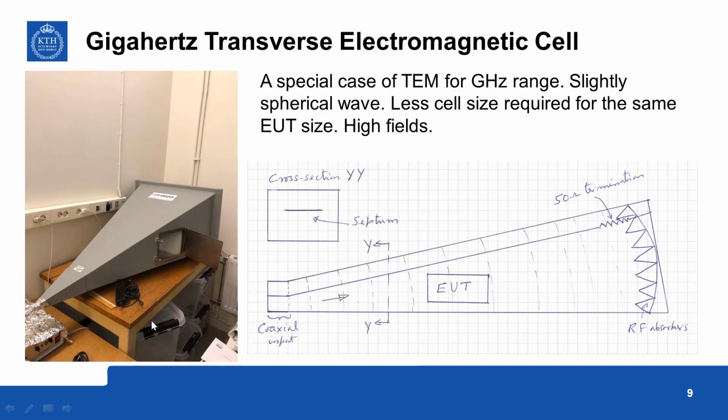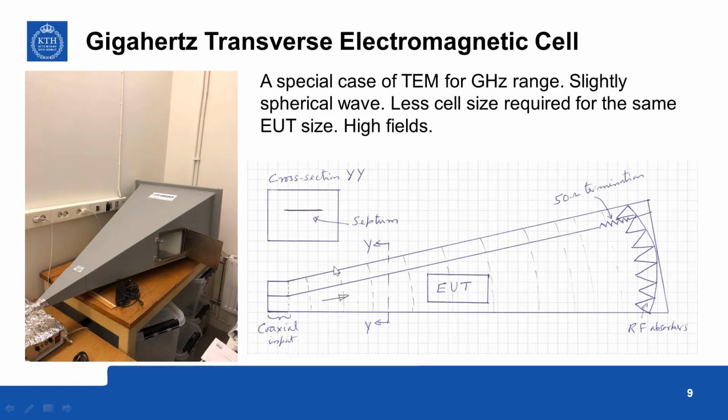This is from our lab at KTH. The source is connected to the coaxial termination, and the device under test can be placed by opening this window and putting it inside. Inside you have a conducting septum that is terminated, and these are RF absorbers.